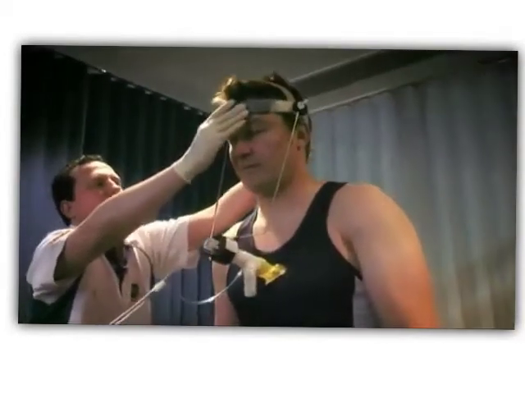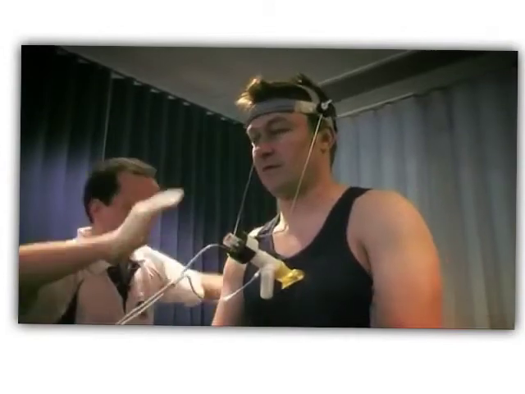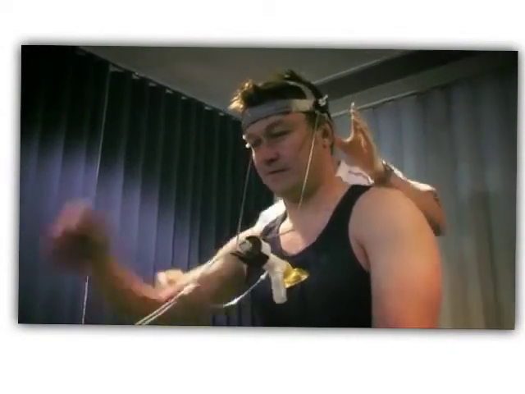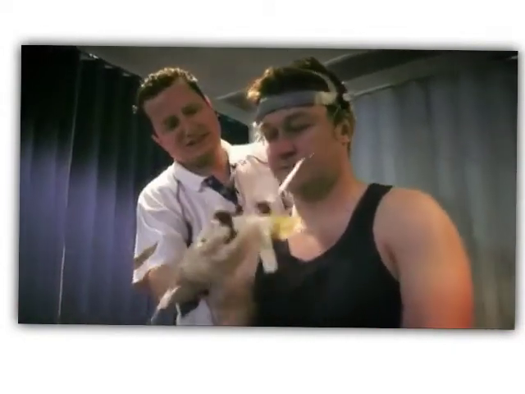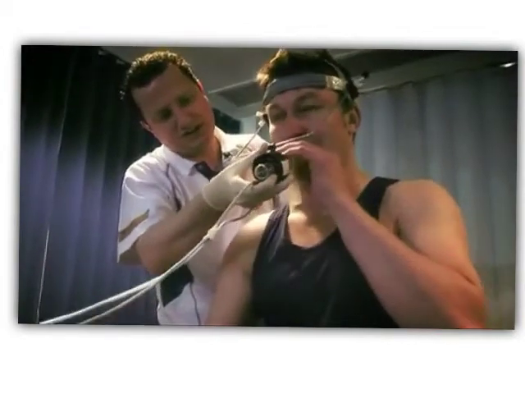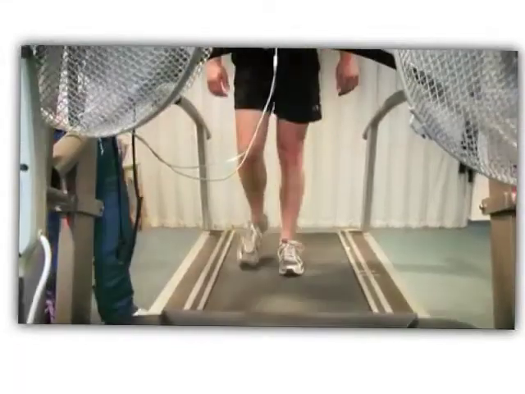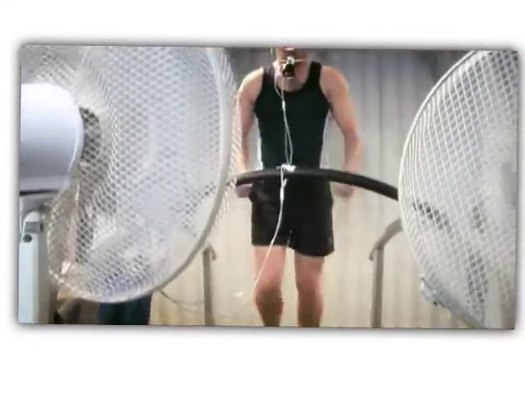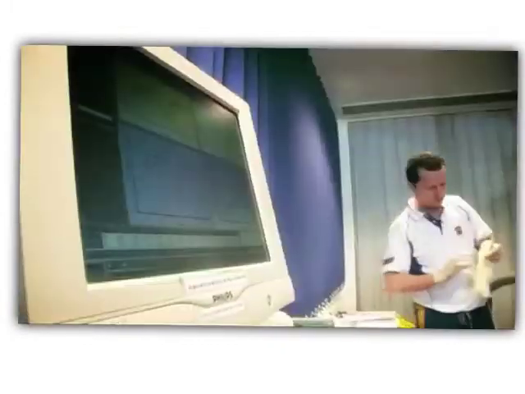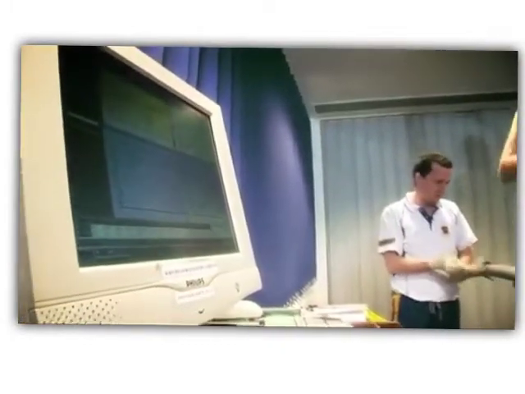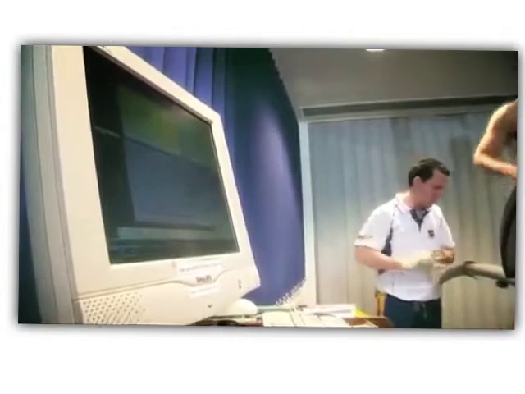The VO2 max test is a test of maximal oxygen consumption, and it's a test that we use to assess aerobic fitness or endurance fitness. What it'll involve is the subject running on the treadmill, and we record all the oxygen that they use, and we also measure some of their blood parameters whilst they're running. From that, we can look at how aerobically fit they are.